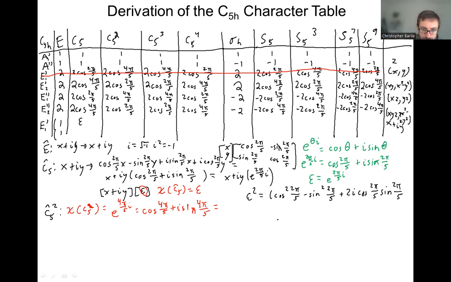Well, what ends up happening here is that we now have to use some trig identities to help us out.